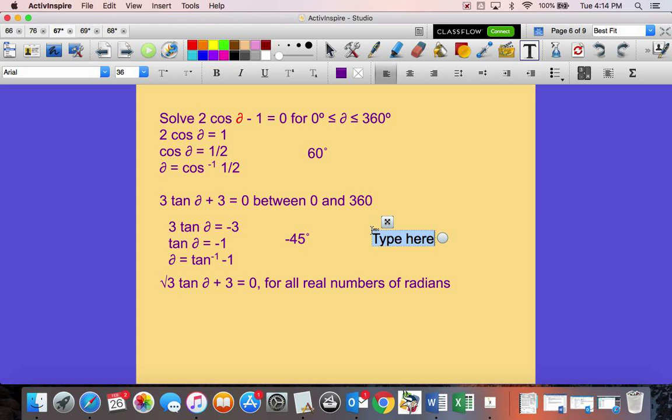So instead, what would be equivalent to our theta is when we add 360 degrees to this negative 45, that would get us all the way around the circle. That would give us an angle measurement of 315 degrees. All right, and that would give us our correct answer for this.